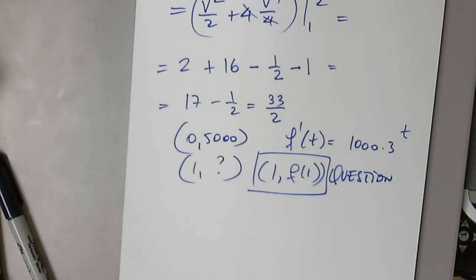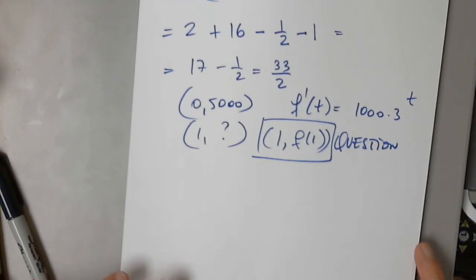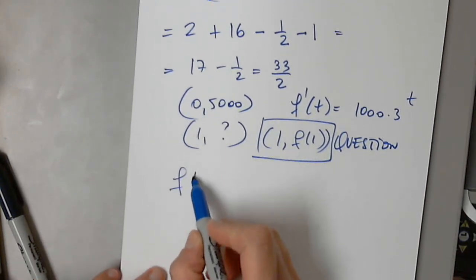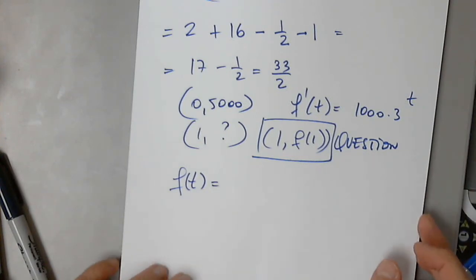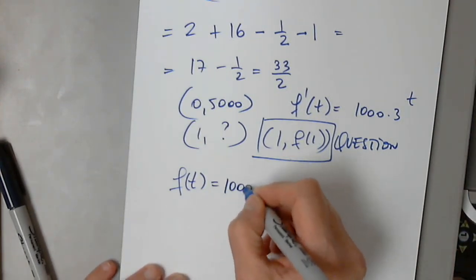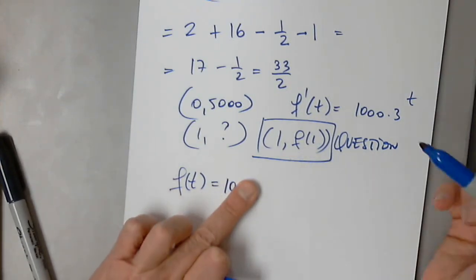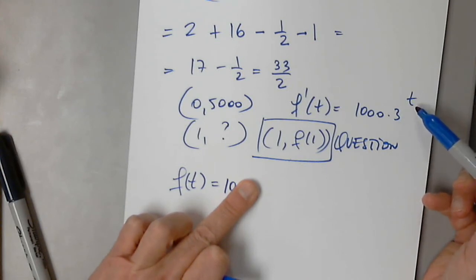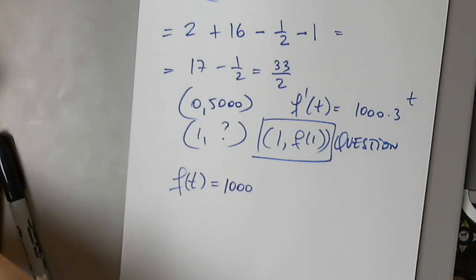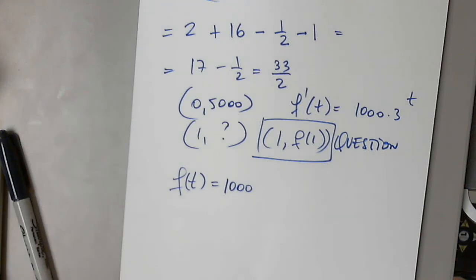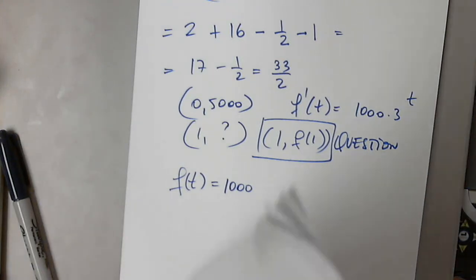Okay, so let's find the function first. F of t. Which function prime, careful, which function prime is 3 to t? And that brings me to something very important that I forgot. And we did this problem in class together.